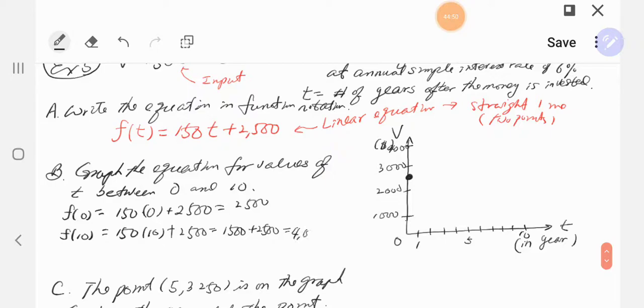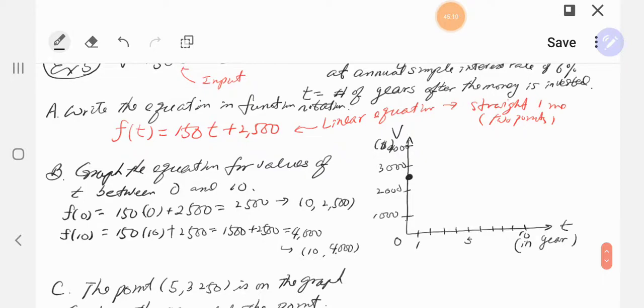So the first point is when t equals 0, y is 2,500. For the second point, t is 10, y is 4,000. Make sense?